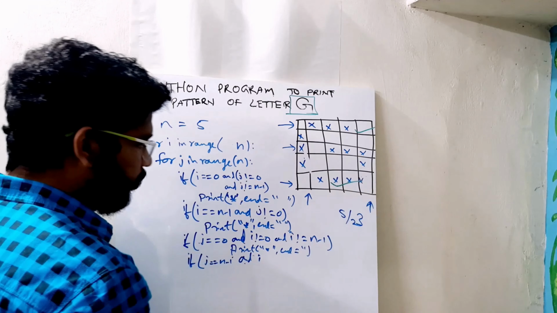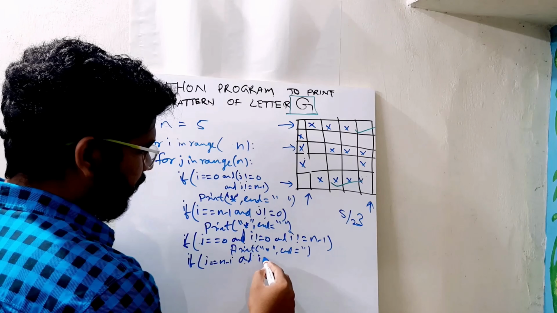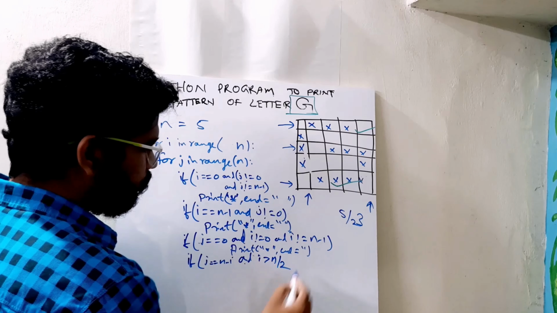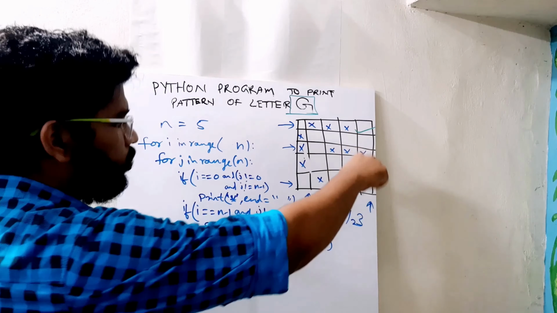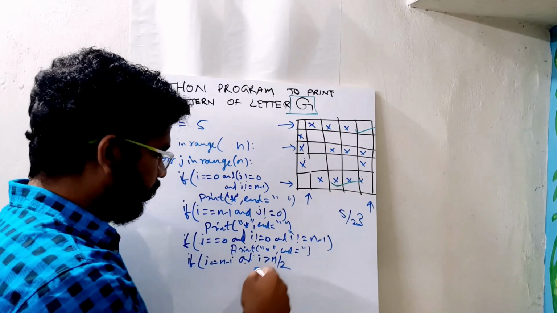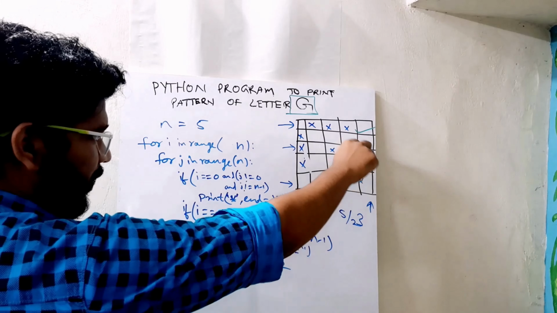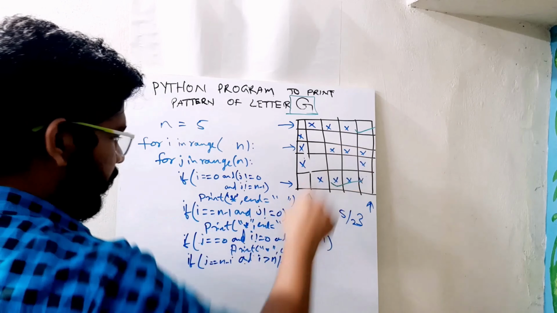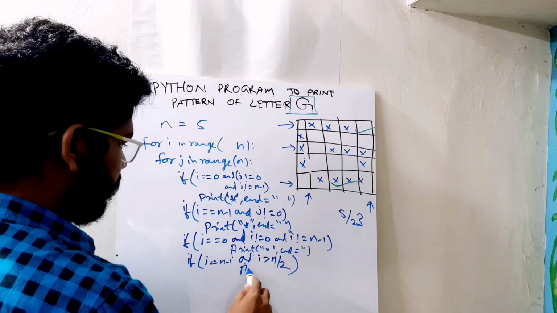So from 3 onwards it prints. So I should be greater than n by 2. n by 2 is 2, so it won't print until 2. From 3 onwards it will print. That's what I wrote: i should be greater than n by 2. So from here it will print stars.